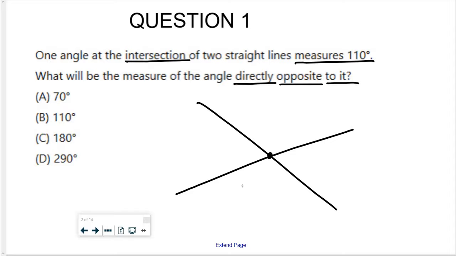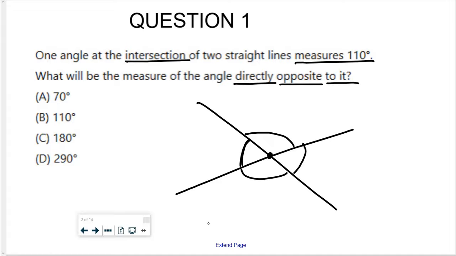They are meeting at this point, and this point here is known as the point of intersection of the 2 lines. So when 2 lines intersect at a point, they form a total of 4 angles. The first angle, the second angle, the third angle, and the 4th angle.